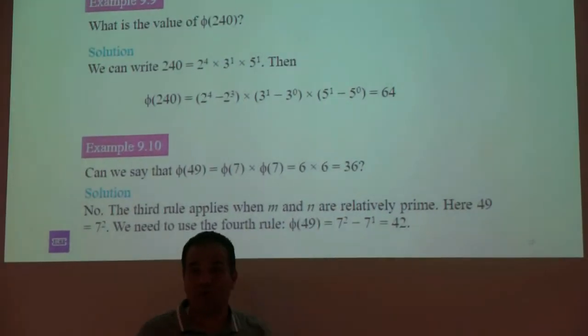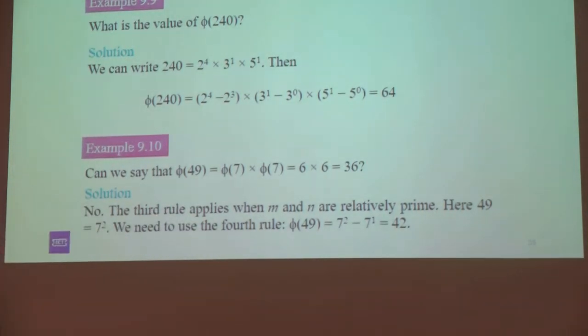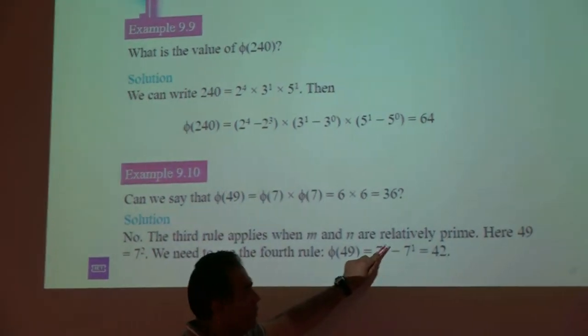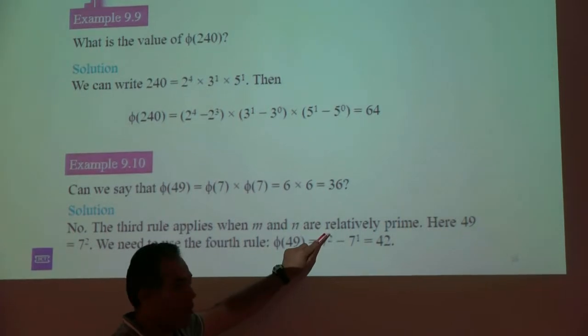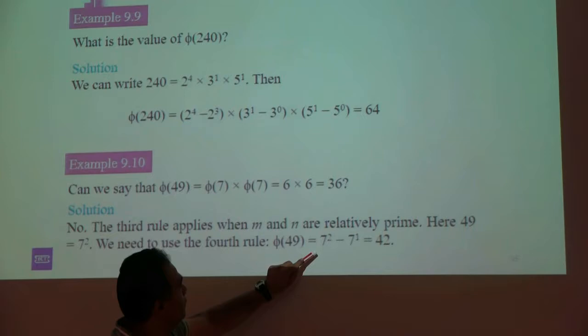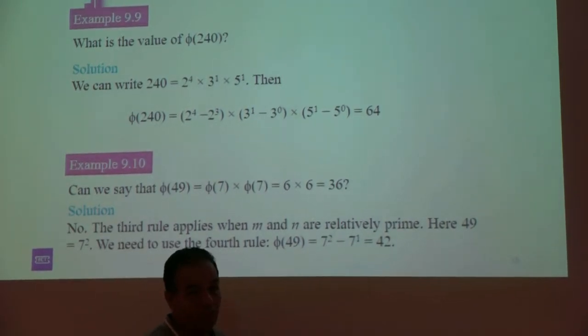Is that correct or wrong? Wrong. The third rule needs 2 different primes. So we should use the other technique, a prime to the power. 7 squared. So it will be 7 to the power 2 minus 7 to the power 1, which becomes 42.